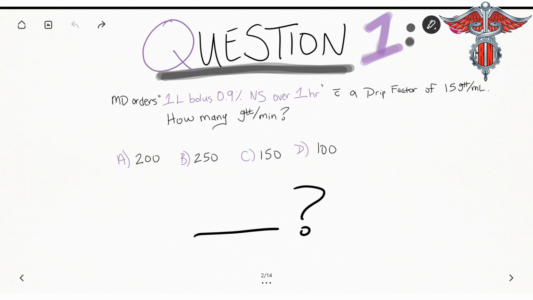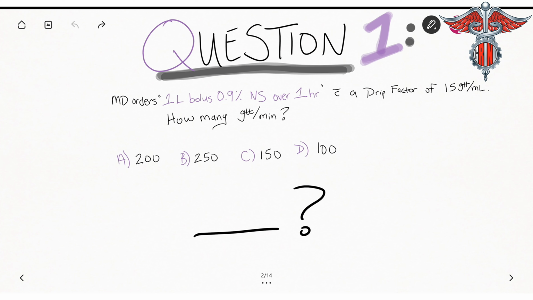Let's get rid of fluff information anytime we're looking at these questions. So an MD orders 1 liter bolus of who cares what? A can of Coke, some Starbucks coffee, it doesn't matter. We're infusing it over 1 hour with a drip factor of 15 drops per mil.